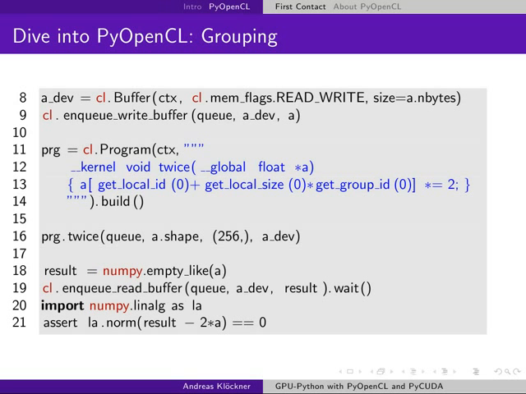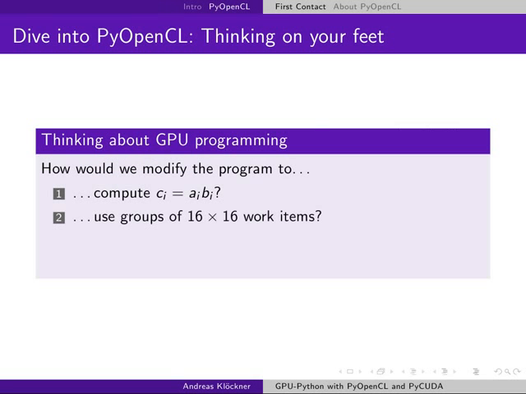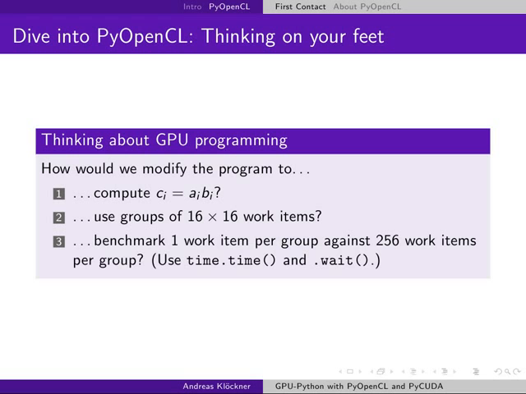How about this here? How would you benchmark using one work item per group against using 256 work items per group? What would you have to do? Think for a tiny bit.